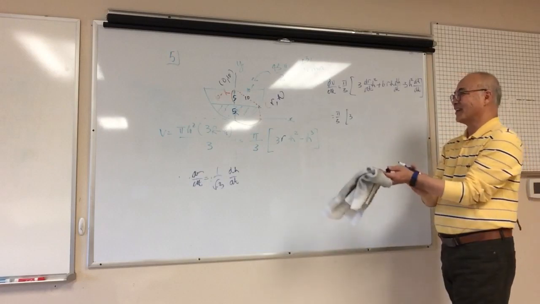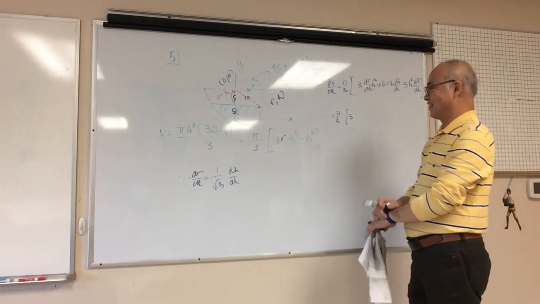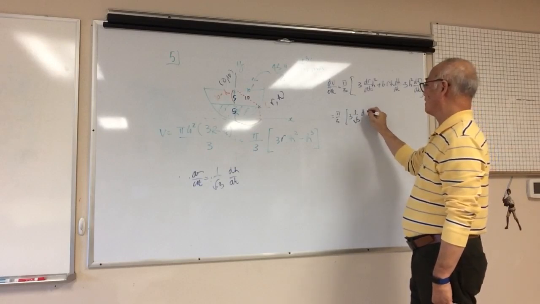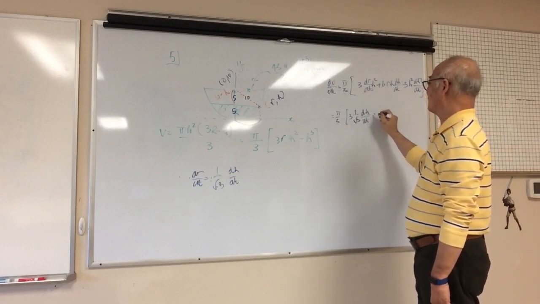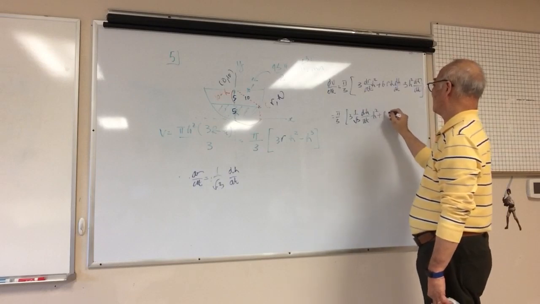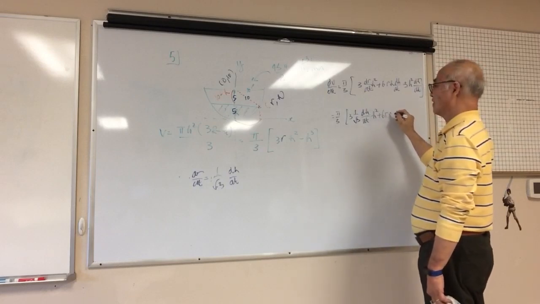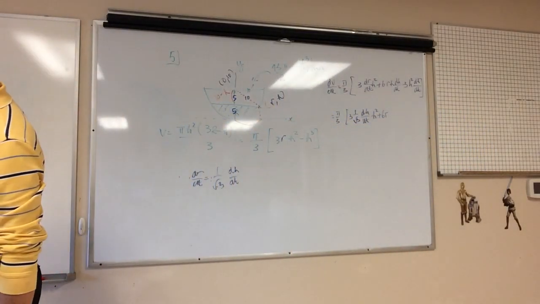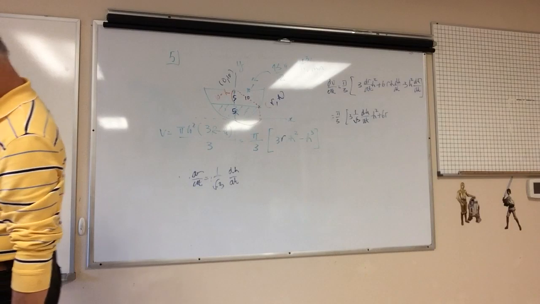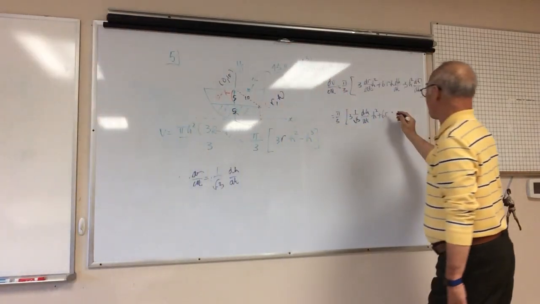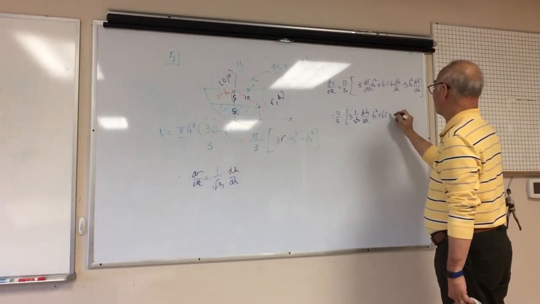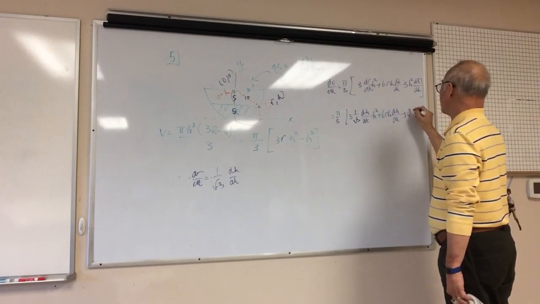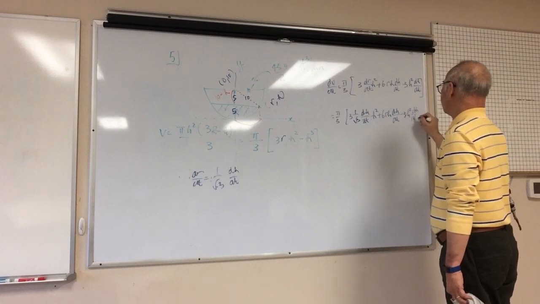Then we have h dh dt minus 3h squared dh dt.